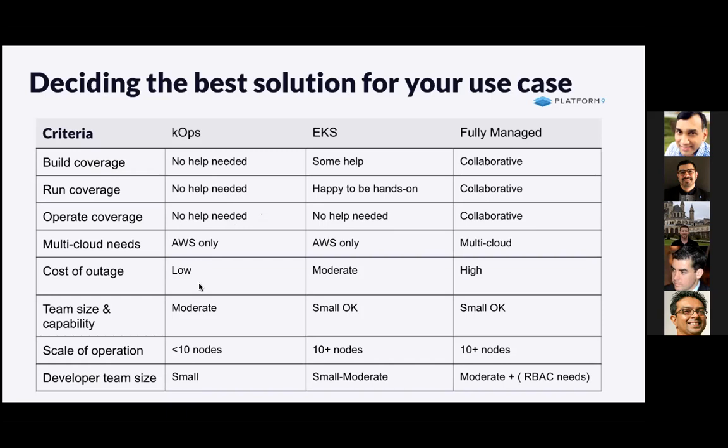Now, on the other hand, as you start moving into kind of larger deployments and more mission critical stuff, and your cost of outage starts to increase, you're starting to do more production, customer facing applications, and like we've been saying, any downtime is going to impact your customer experience, your revenue, and your operational efficiency. Then, unless you have a big enough team, you'd want to probably go with EKS at that time.